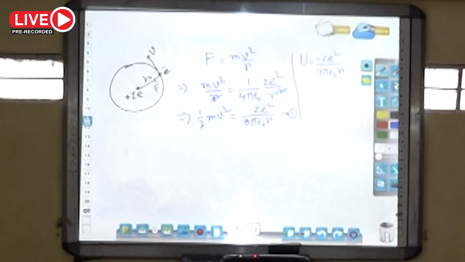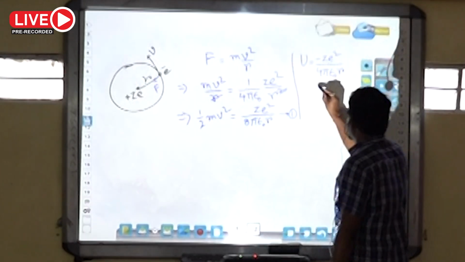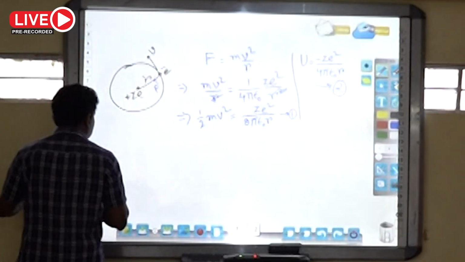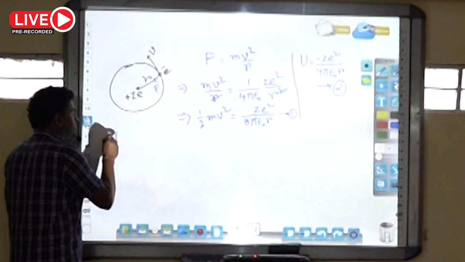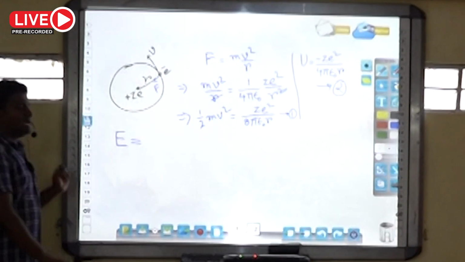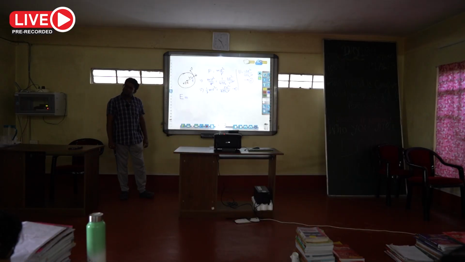Kinetic energy is half mv square, that is coming Ze square by 8 pi epsilon naught r. Potential energy is minus Ze square by 4 pi epsilon naught r. So if you calculate the total mechanical energy, denoted by E, that is equal to kinetic plus potential.